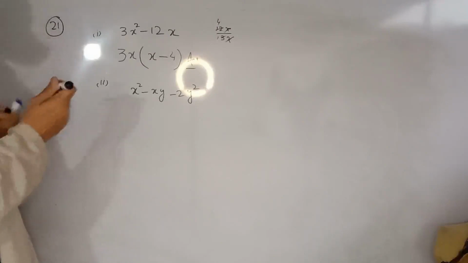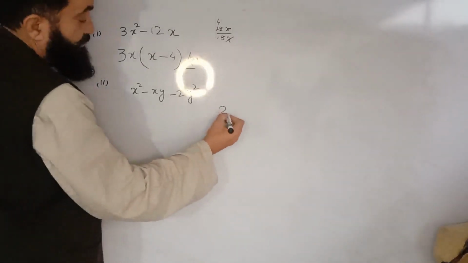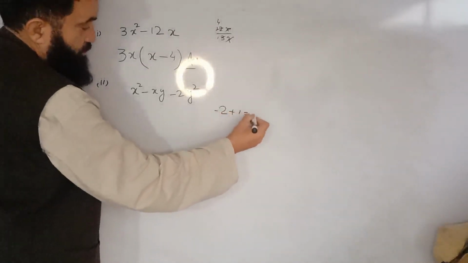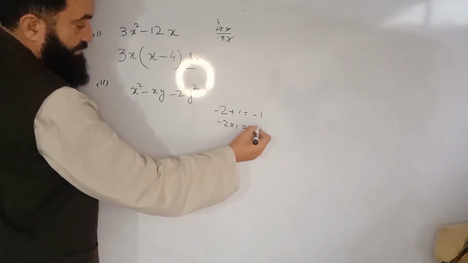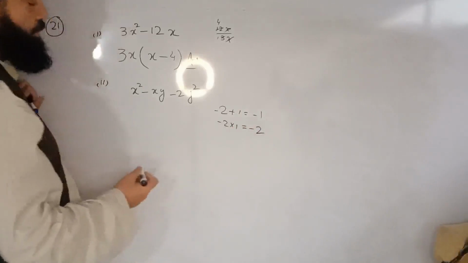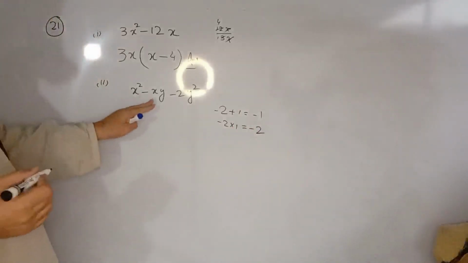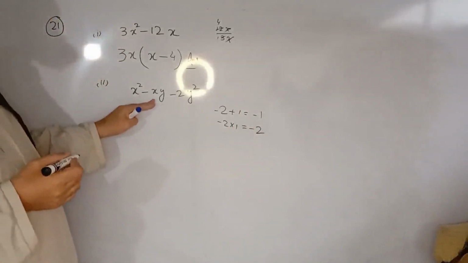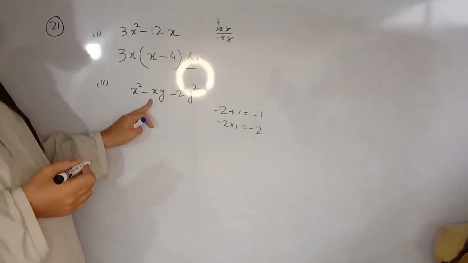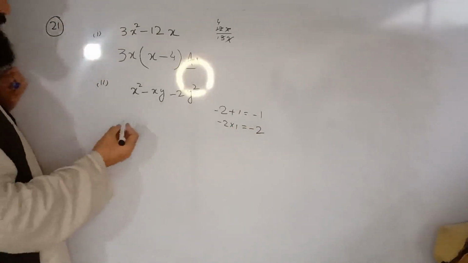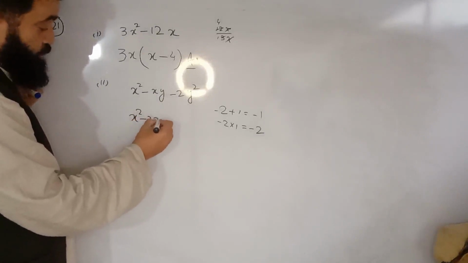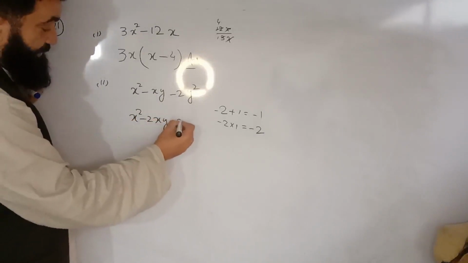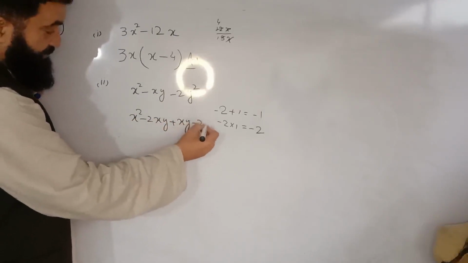They are minus 2 and 1. Minus 2 plus 1 is equal to minus 1 and minus 2 multiplied by 1 is equal to minus 2. So we write in place of xy as minus 2xy plus xy. Midterm is broken, so we get x square minus 2xy plus xy minus 2y square.